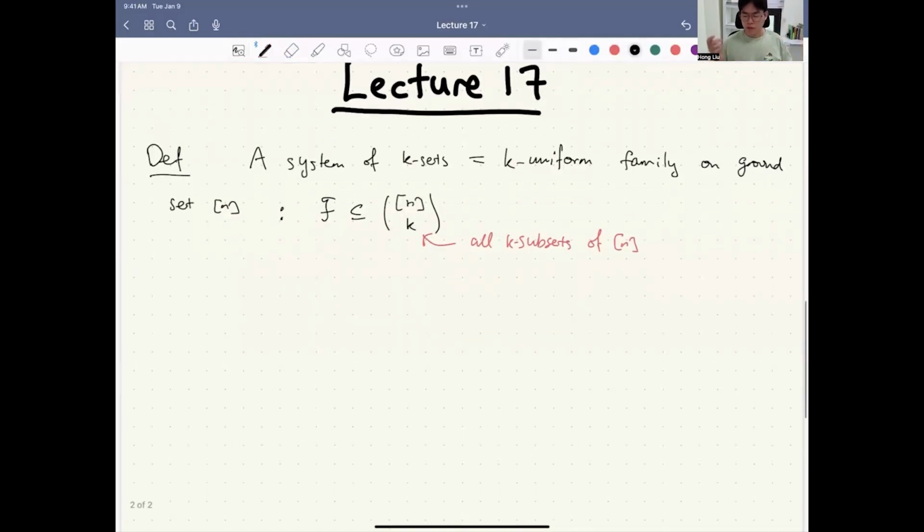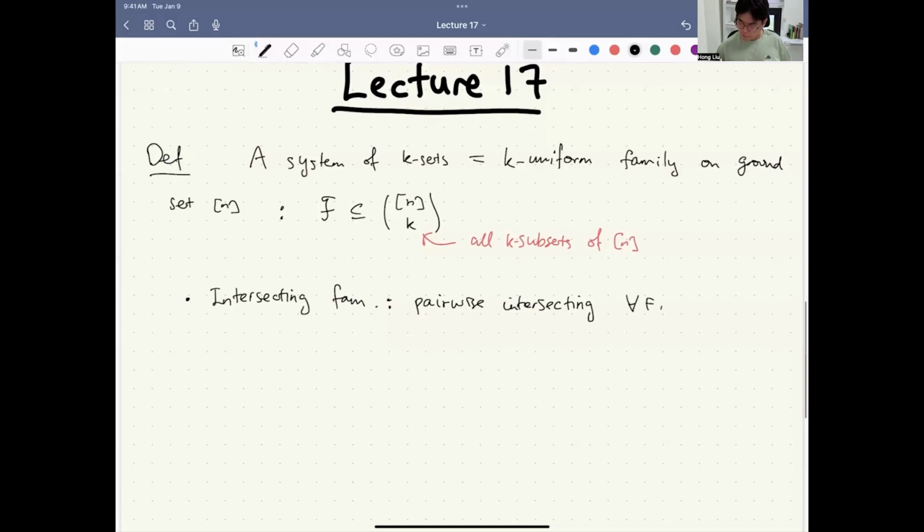Good. And we say they are intersecting, abusing the notation a little bit, if they are pairwise intersecting. So recall when we say an intersecting family, we mean pairwise intersecting, i.e., for any F, F prime in our family, we have their intersection being non-empty.